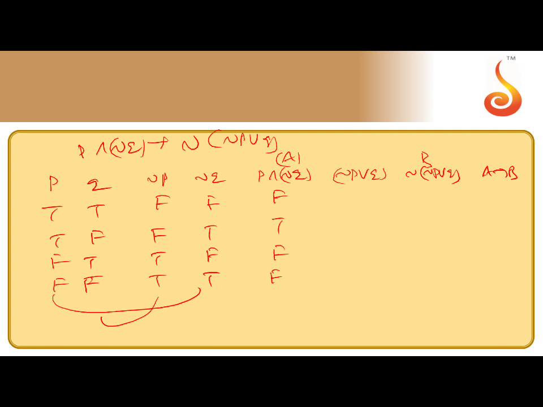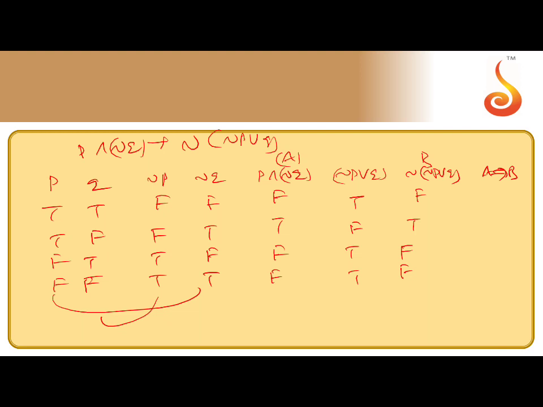So TF is T, FF is F, TT is T, TF is T. Next, negation of this one: F, T, F, and F. A implication B: implication means, as I told, TF means F, otherwise true only.